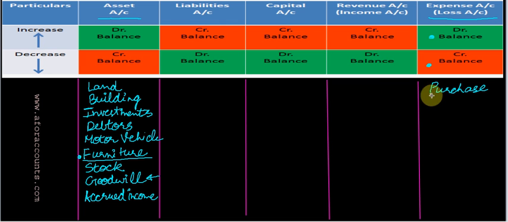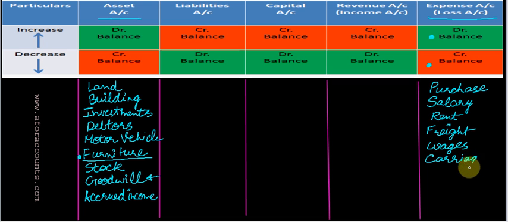Then whatever expense you incur for running a business: I pay salary, I pay rent, I have freight, I pay wages, printing and stationery, carriage inward, carriage outward, all the carriages inward or outward, these all are my expenses, and debit them as they occur.